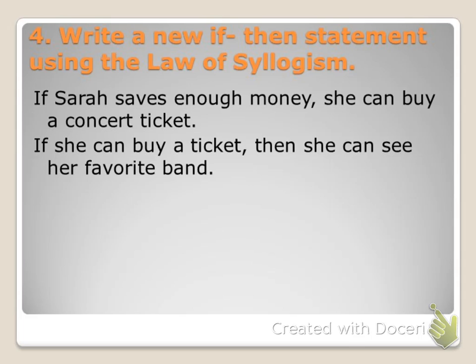So write number 4, and then we're going to see if we can use the law of syllogism. Remember, syllogism is where you cut out the middleman. So this says, if Sarah saves enough money, she can buy a concert ticket. If she buys a concert ticket, then she will see her favorite band. So which one's like the middle guy, the repeater?